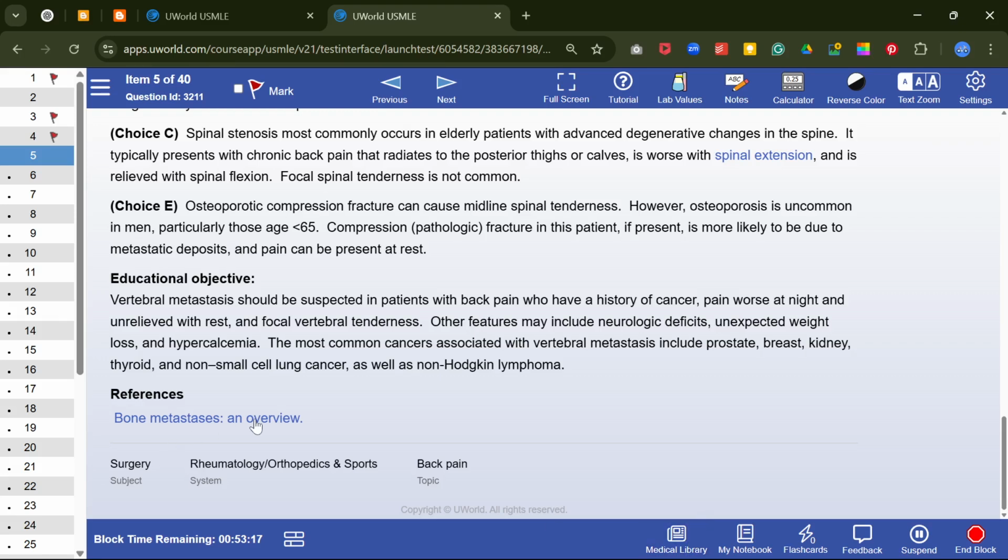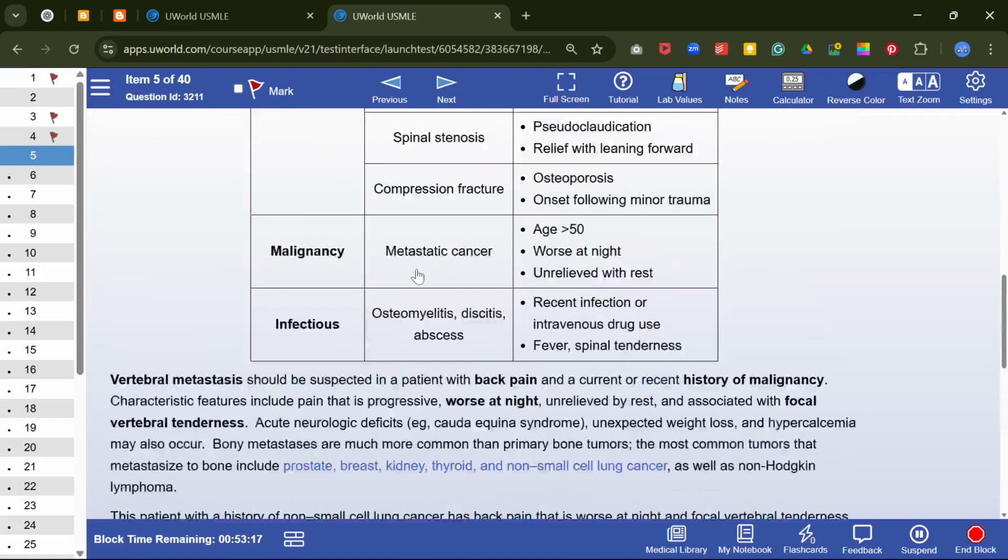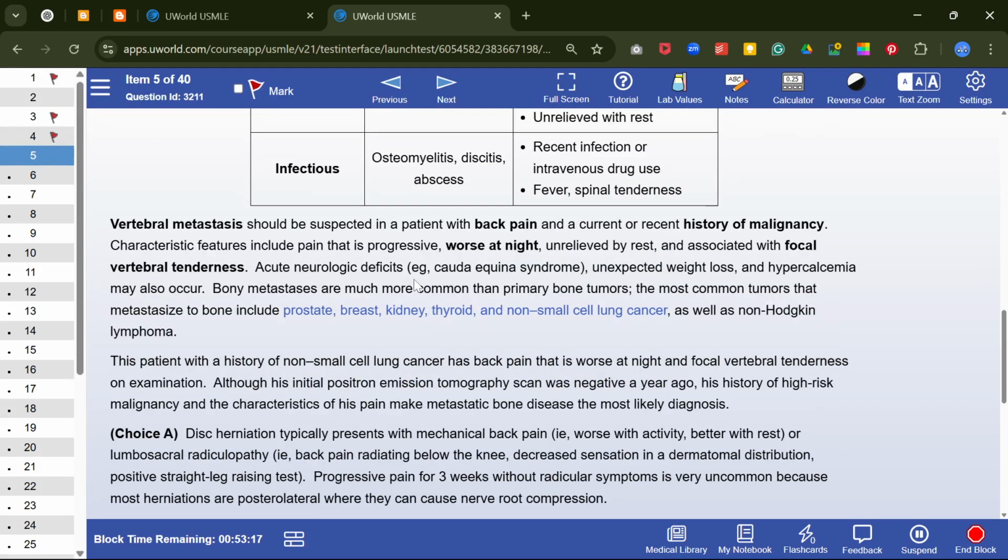After 65 for men, and for women it can be before 65, because osteoporosis can happen after menopause in females. Vertebral metastasis should be suspected in a patient with back pain and a current or recent history of malignancy.